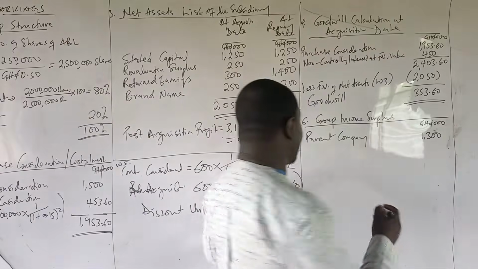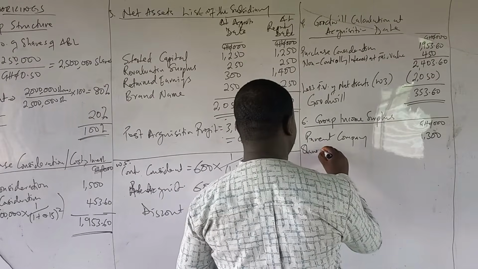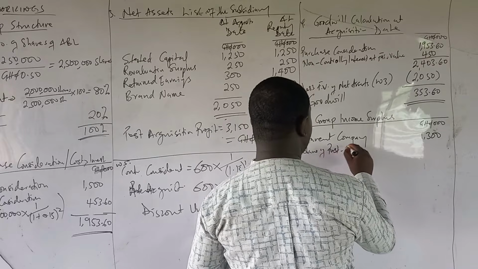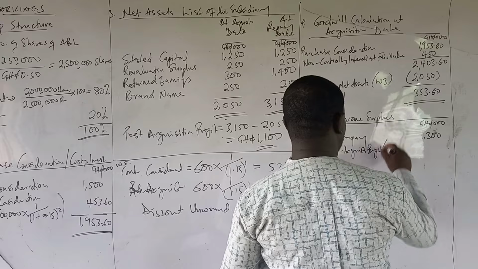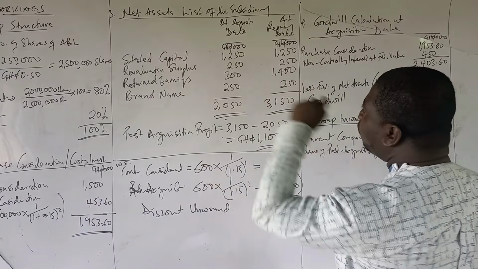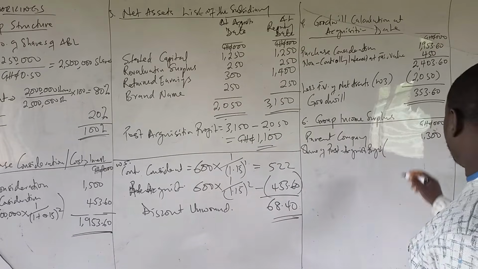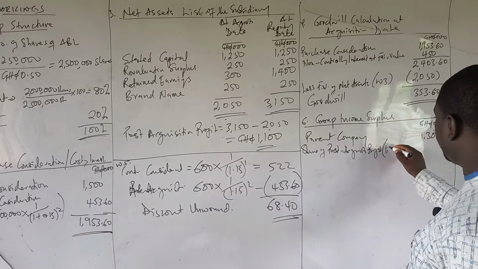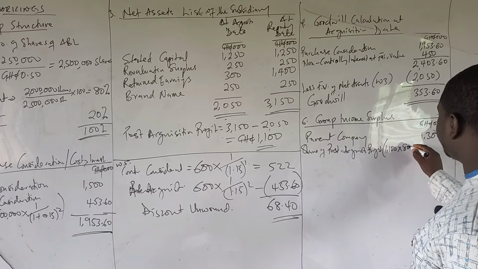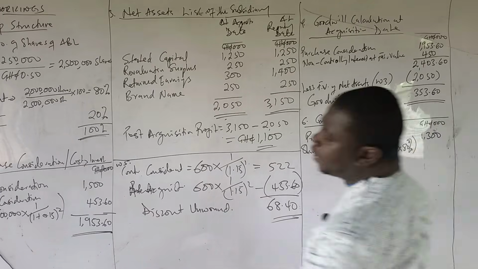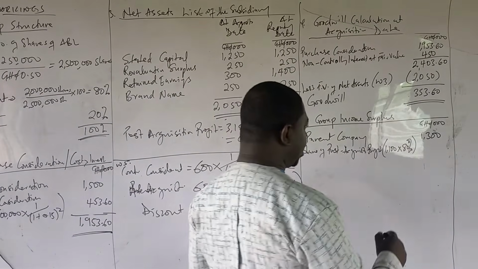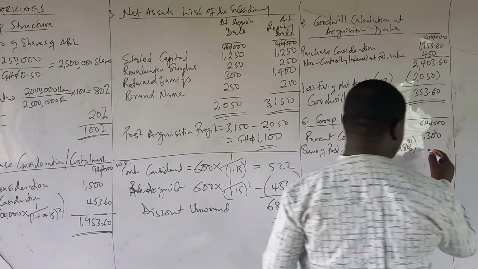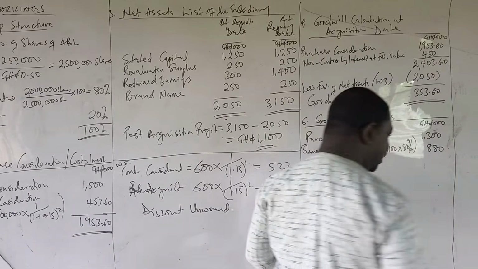And then we add their share of the post-acquisition profit. And the post-acquisition profit, we got that from the net asset list, which is 1,100. So this 1,100 times 80%. This 80% is the percentage holding of the parent company. So 80% of 1,100 will be 880.